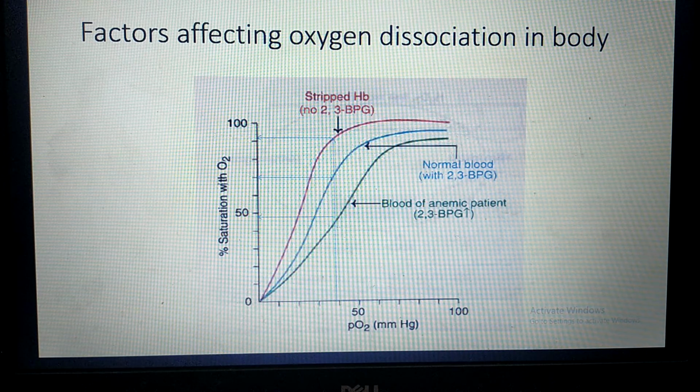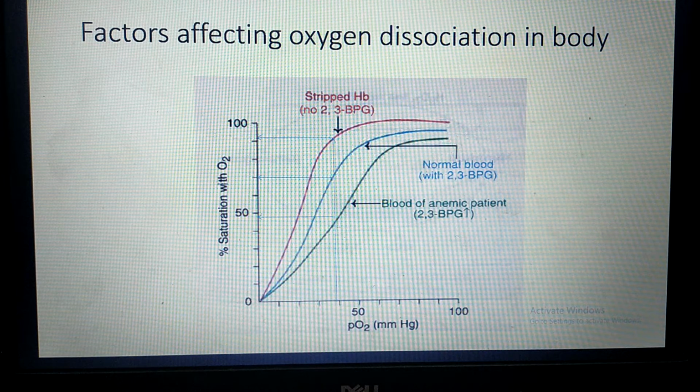That means more oxygen is delivered by the hemoglobin to the tissue, because tissue requirement is increased. If you see the upper curve or left sided curve, the concentration of 2,3-BPG is less.